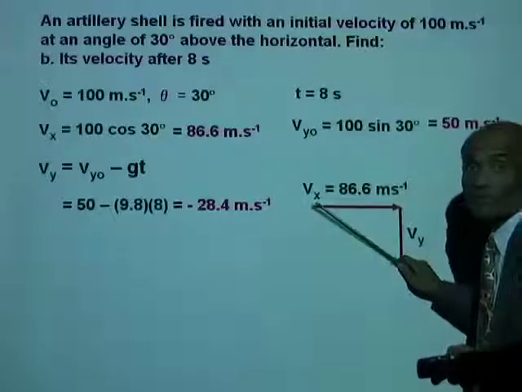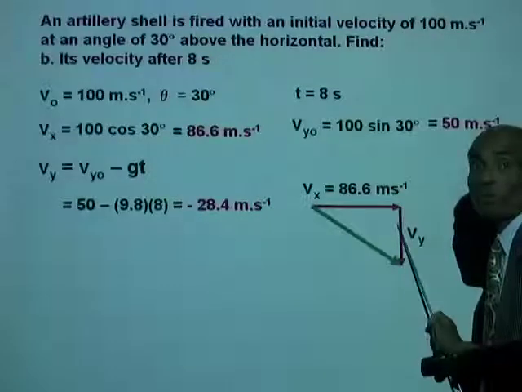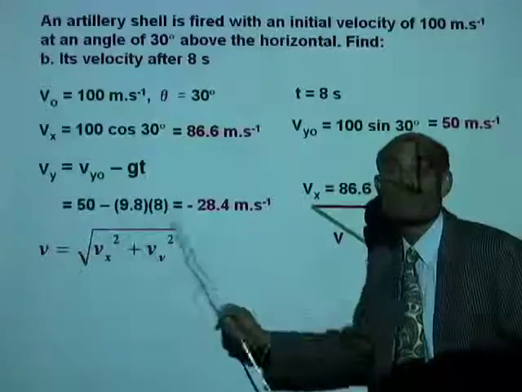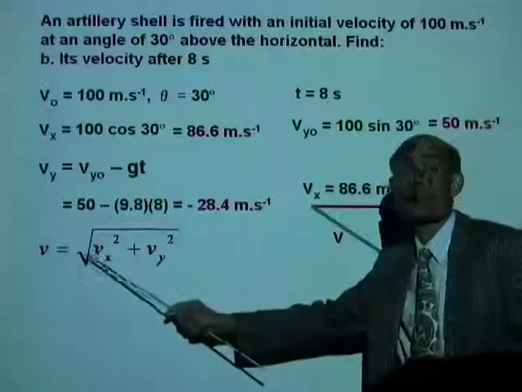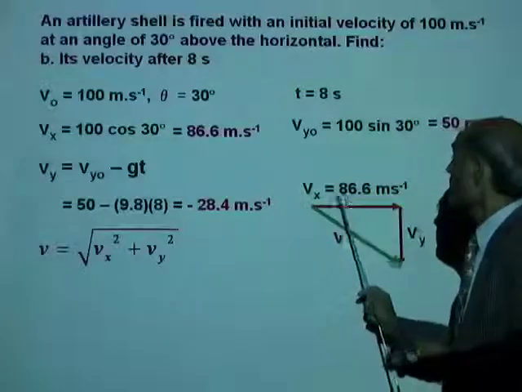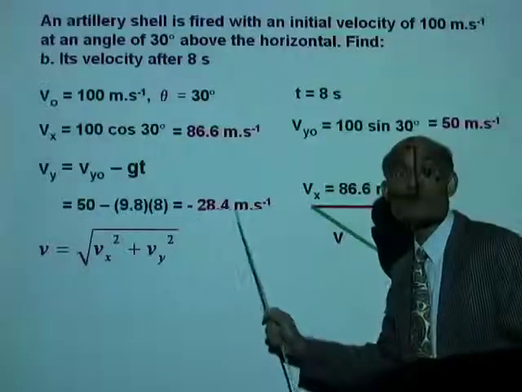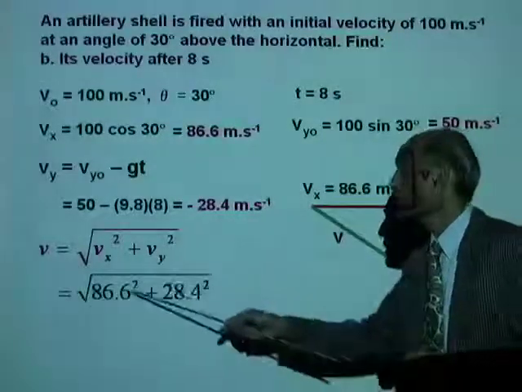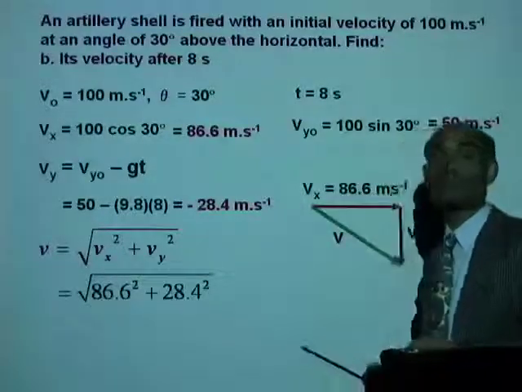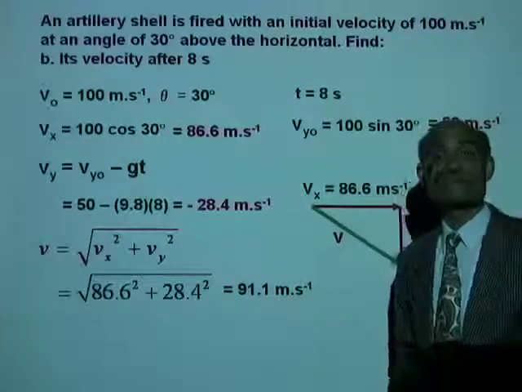It will be the square root of Vx squared plus Vy squared. Vx is 86.6, Vy is negative 28.4, so that will be the square root of 86.6 squared plus 28.4 squared. That is 91.1 meters per second.